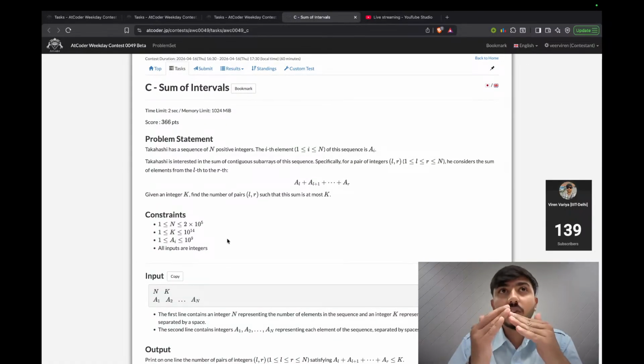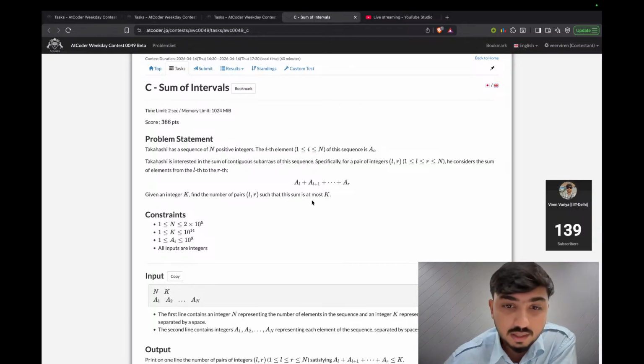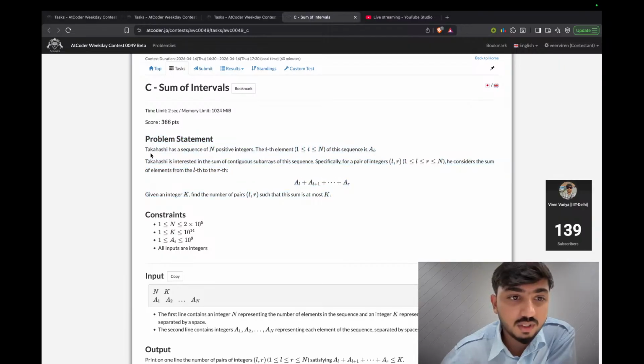Before attempting the question, I have understood one pattern. They always include a difference array question in a weekday contest, so I'm hoping this is a difference array question. Takahashi has a sequence of n positive integers. The ith integer is ai. Takahashi is interested in the sum of continuous subarrays.